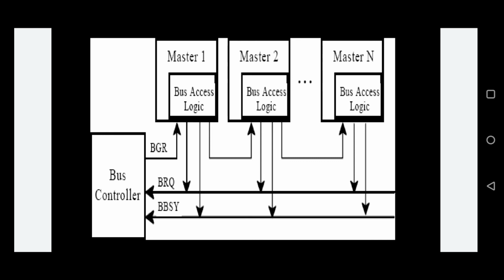If any master requests bus access from the bus controller, the bus controller will check the availability of the bus. After that, it will permit access to the bus by using a signal called BGR, which is the bus grant signal.